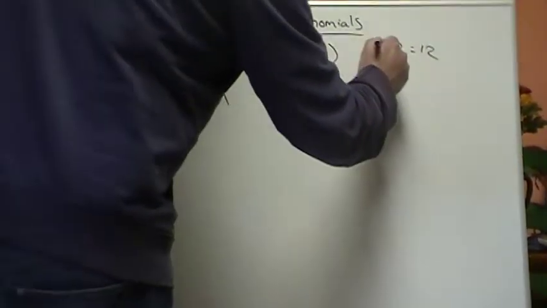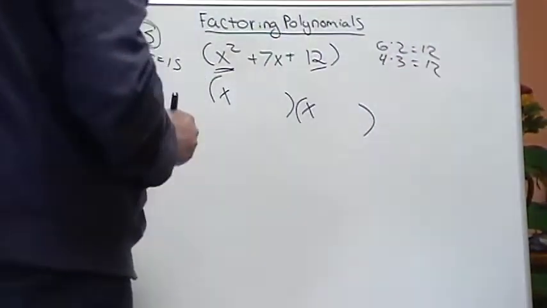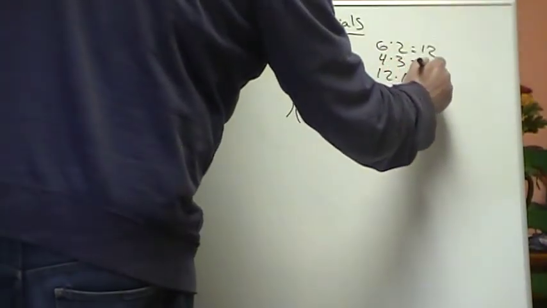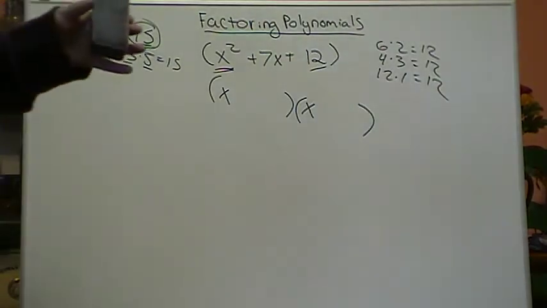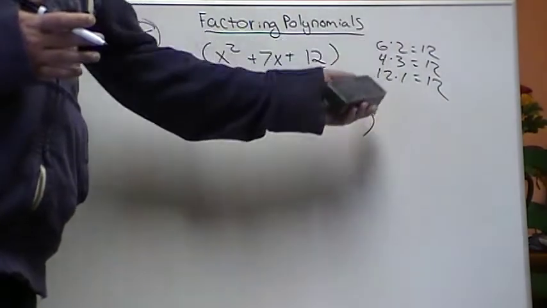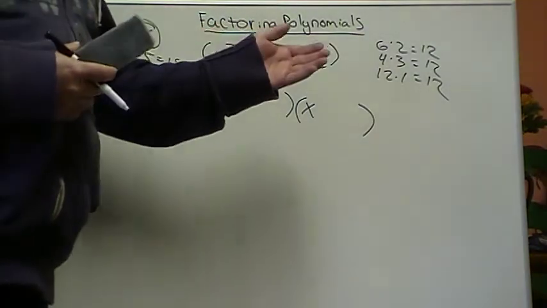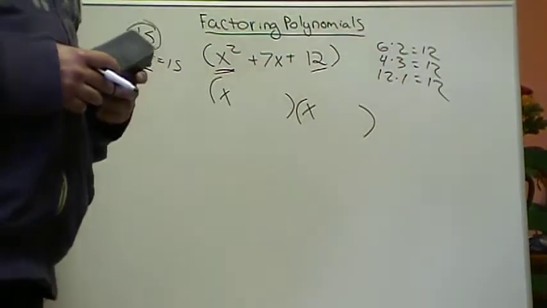We have a 4 times a 3 equals 12. And we have a 12 times a 1 equals 12. Now, right now, we don't know which ones to use. We could use any one of them at this point. We need to make a decision on which pairs we need to use.